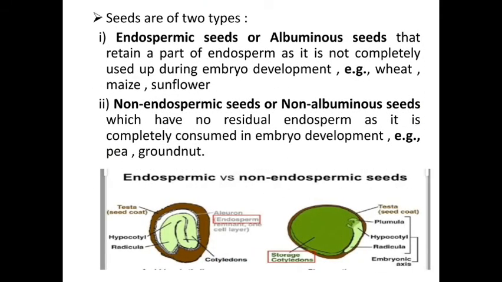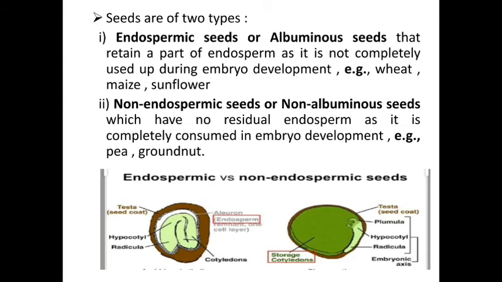Now seeds are of two types. Seeds are mainly of two types. Number one, endospermic seeds or albuminous seeds. So what do you mean by endospermic seeds or albuminous seeds? Albuminous seeds retain a part of endosperm as it is not completely used up during embryo development.